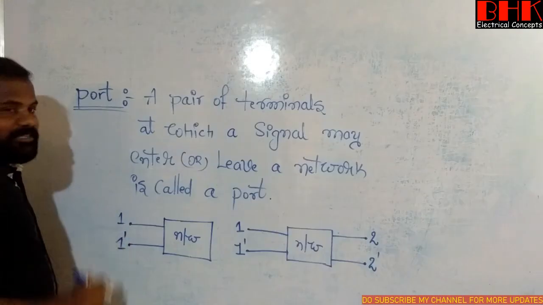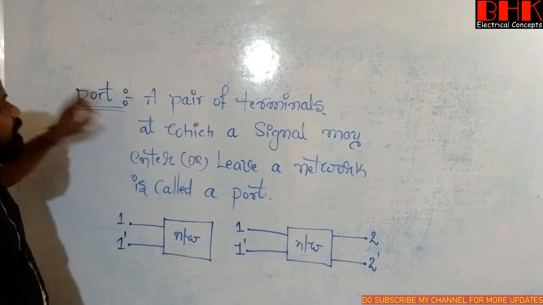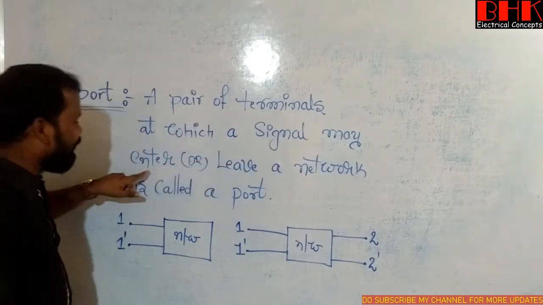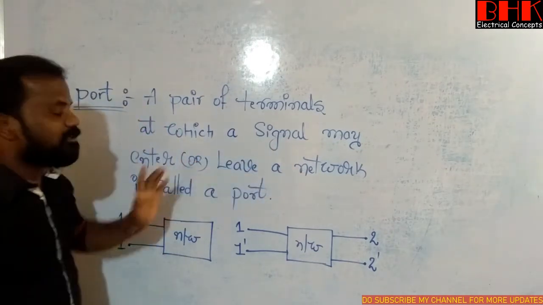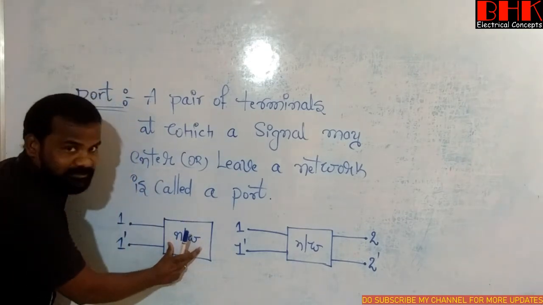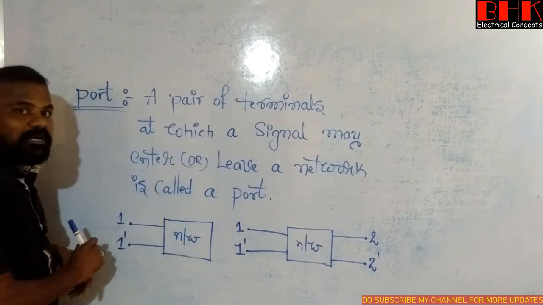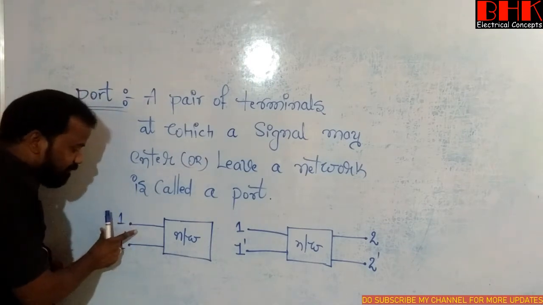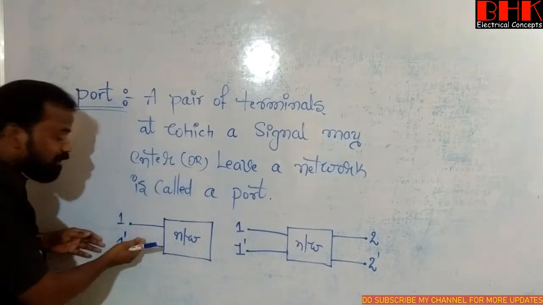Here, the definition of a port is: a pair of terminals at which a signal may enter or leave a network is called a port. It means, for example, we have one network like this. We have a pair of terminals, 1 and 1 dash. These two are the pair of terminals. Through these two terminals, a signal may enter the network or leave the network.